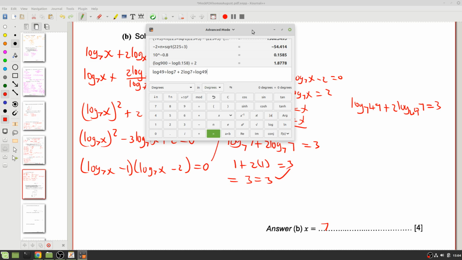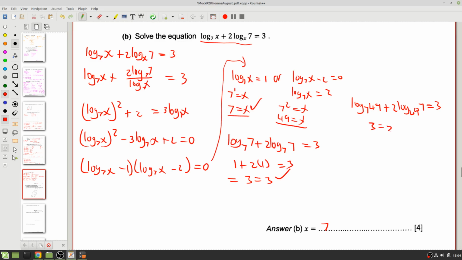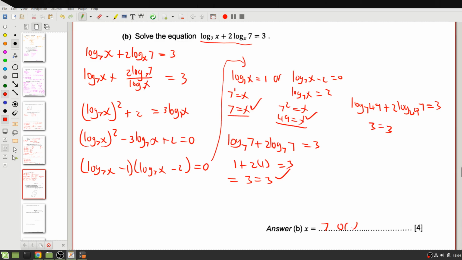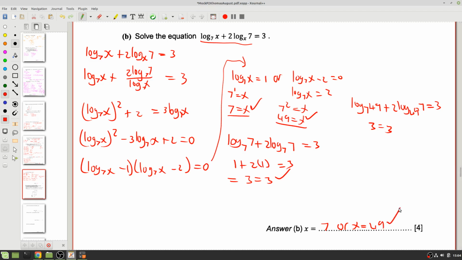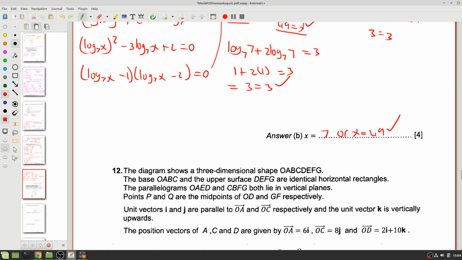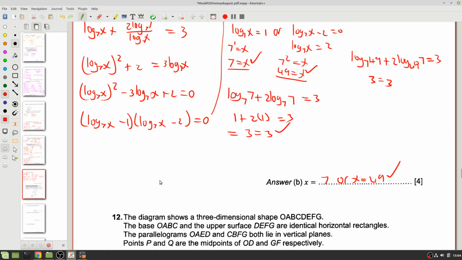Oops, 49. And that also gives us 3. Fantastic. So 3 equals 3, so this one also works. So x equals 7 or x equals 49. Perfect. Okay, so that's it for question 10 and 11, and then we'll continue with question 12 shortly.